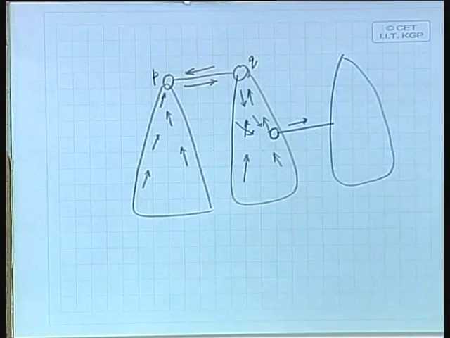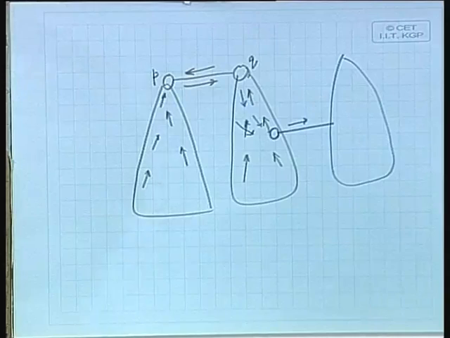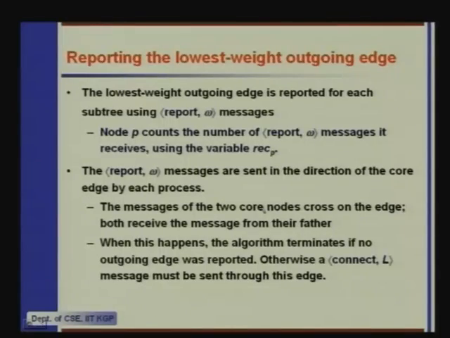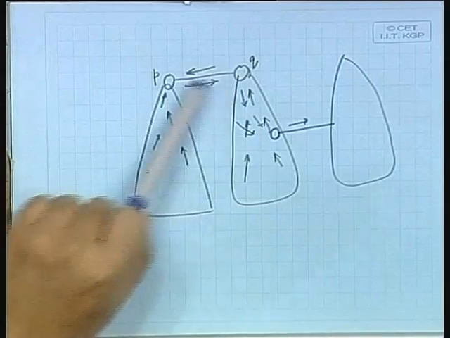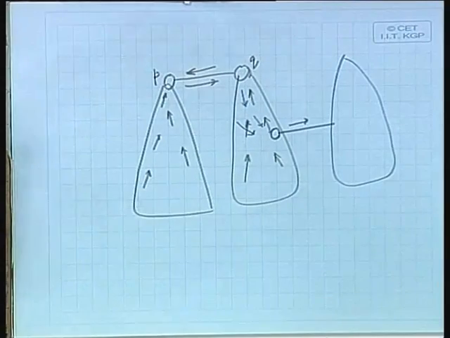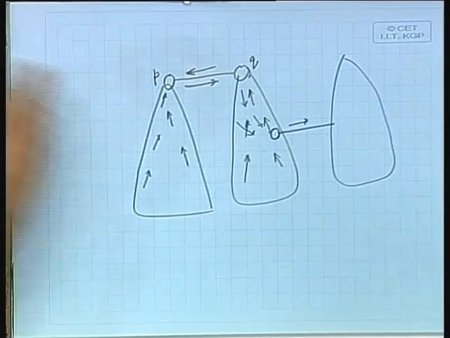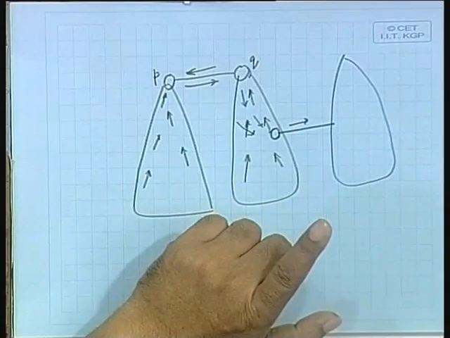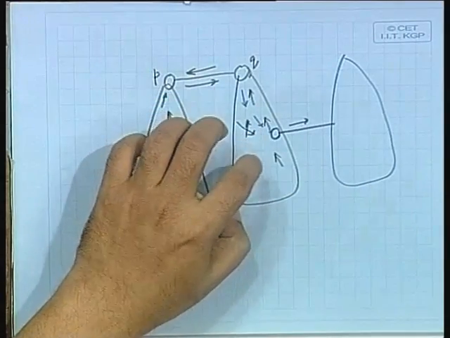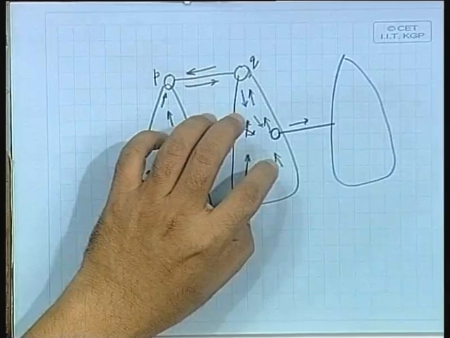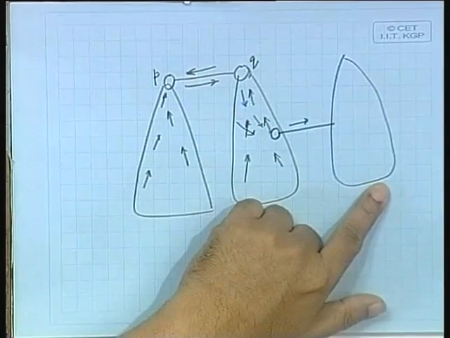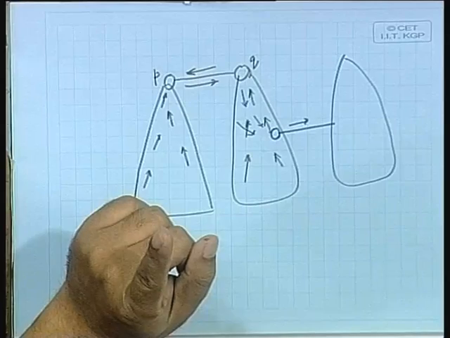Let us see how core nodes will also reorient themselves, because this PQ is no more the core edge. P will reorient itself towards Q in that case, provided that this becomes the new core edge. It may not always become the new core edge. If this one has a level which is smaller than this, then also it will have to reorient.